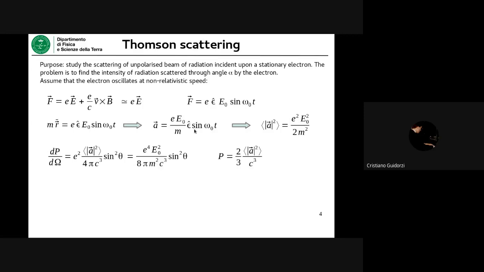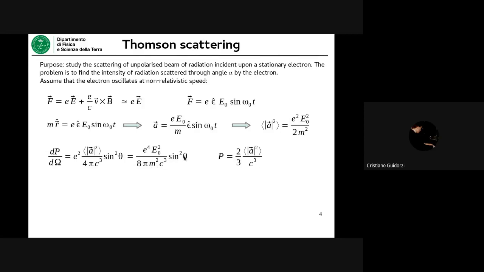Now, the total power, if you integrate over the entire sky, of course, you know that very well, by integrating sine squared you have 8 pi over 3.